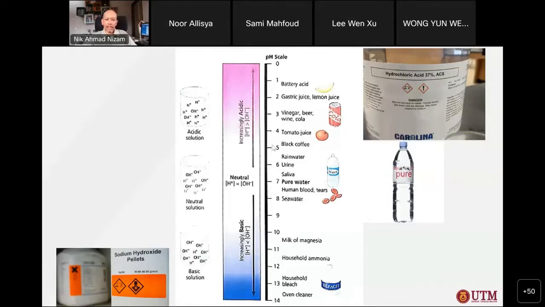Unlike saliva in our mouth, where the pH is around 6 to 7. Once the food goes down the esophagus to our stomach, the very acidic solution will decompose the food.